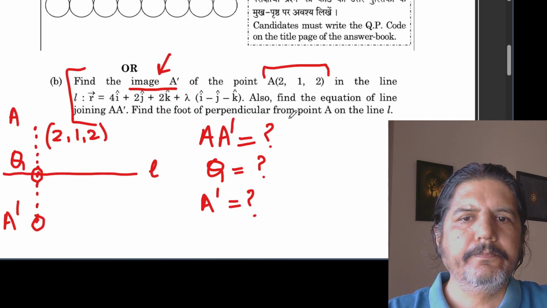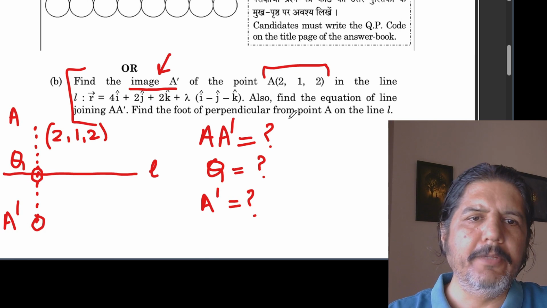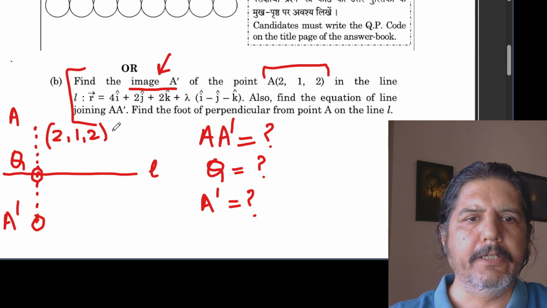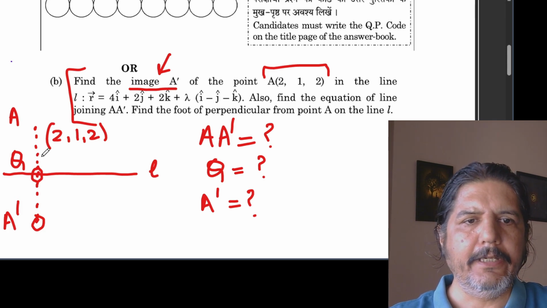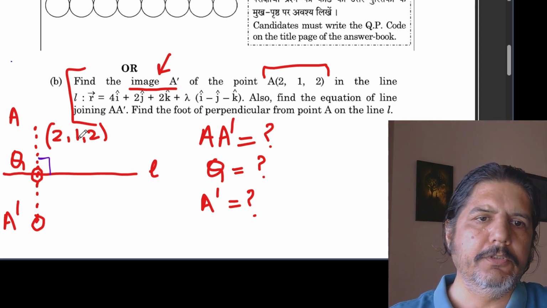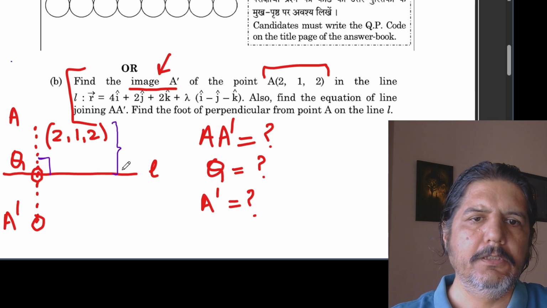So the approach remains the same. There are a few things that I will discuss again. One is that this line A A dash would be perpendicular to the given line in which it is being mirrored. This is the first fact. The other fact is that this distance would be equal to this distance.